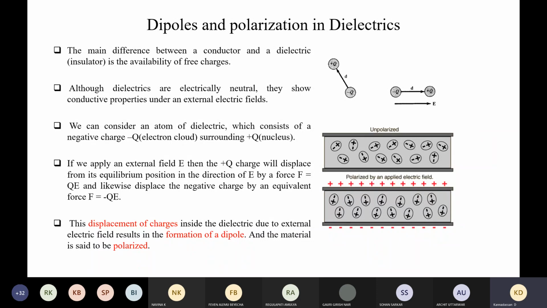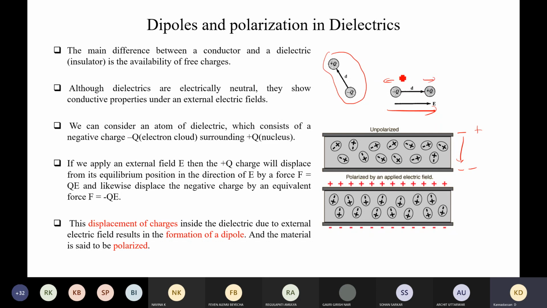But the moment you give electrodes with positive and negative, the electric field is produced. The dipoles, which are randomly oriented, now respond to the electric field: the positive charge will be oriented on this side and the negative charge on this side.